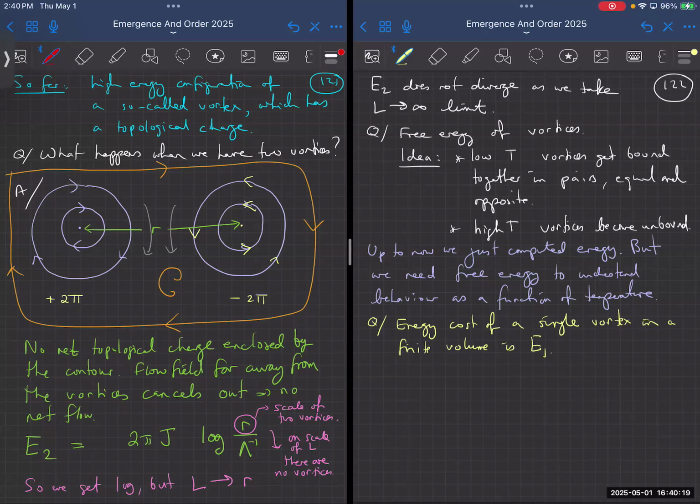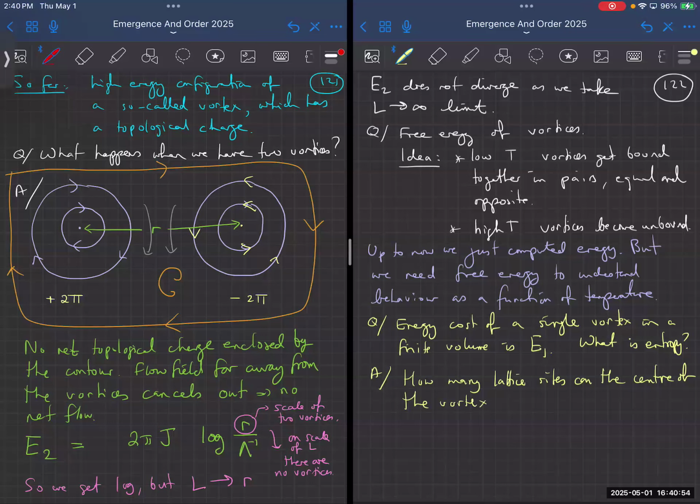That's the thing that we already calculated on the previous page. So then the question is, what is the entropy? To answer that, we say, how many lattice sites can the center of the vortex reside at?